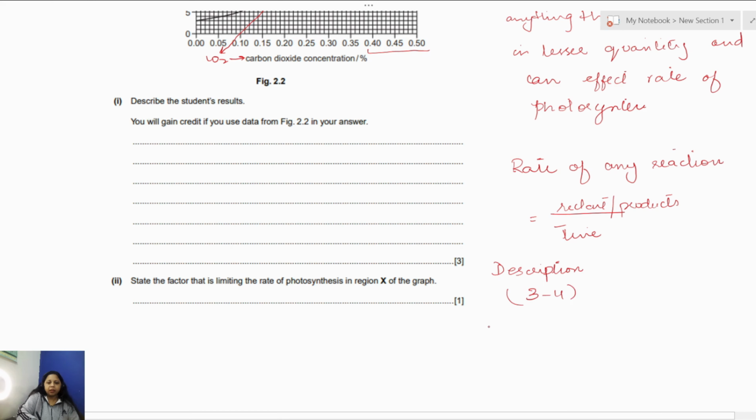The very start, the initial point, where it's starting, then move toward the highest point. Then tell what happened after that highest point. Is it becoming constant or decreasing or whatever? These 3 points would give you your marks.